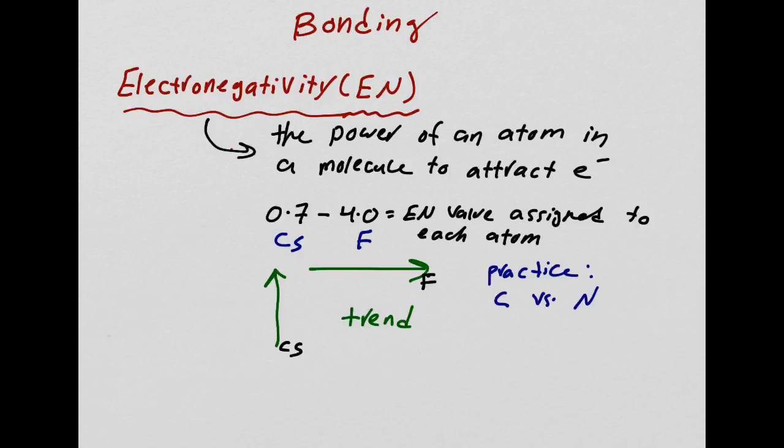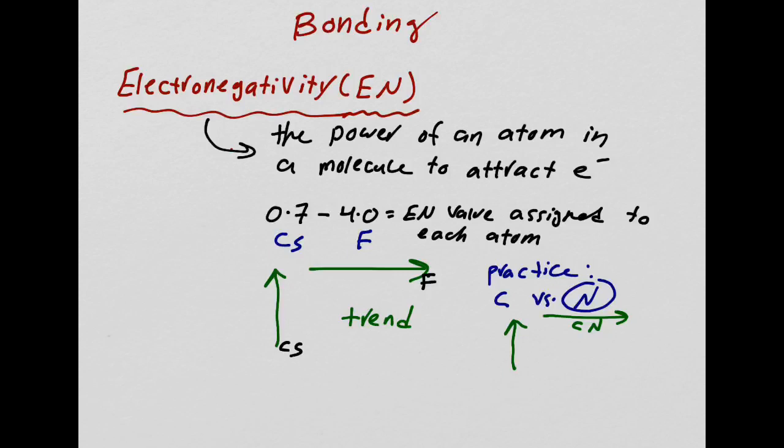Nitrogen is after carbon, so if you look at these two, the EN increases this way. Nitrogen would have a higher EN value. I didn't give you any values, but you can figure it out based on the trend. So far, so good.